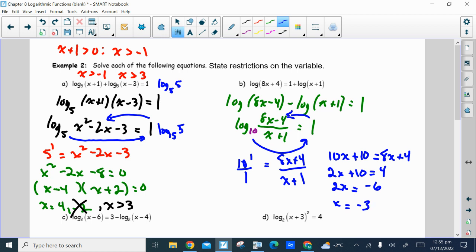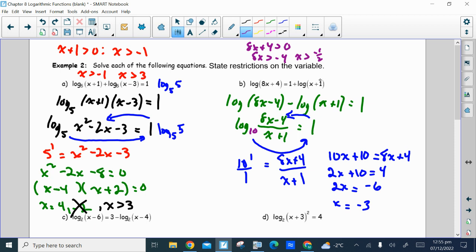Which can't work, because if we look at what our restrictions are, for the first term, 8x plus 4 has to be greater than 0. So 8x has to be greater than negative 4, and x has to be greater than negative 4 over 8, or negative a half, which negative 3 isn't.